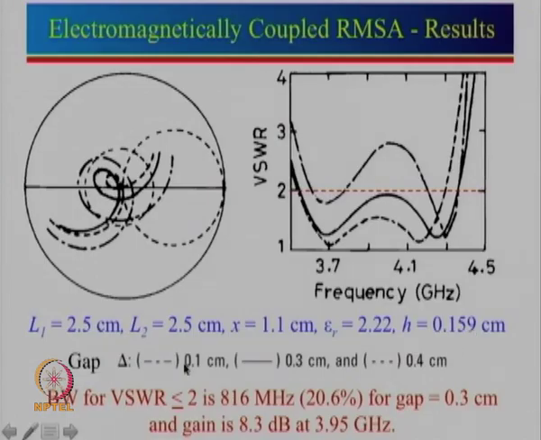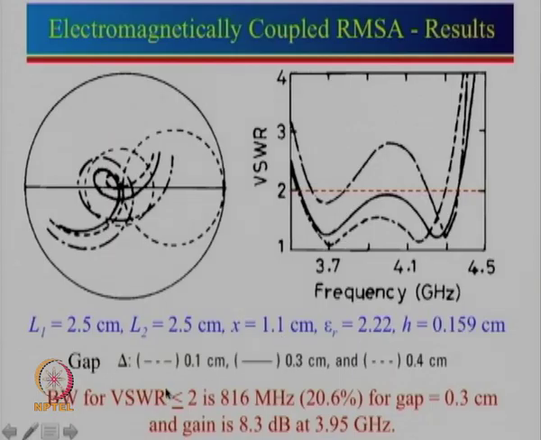Now for the air gap, tan delta is equal to 0, and here we have taken L1 equal to 2.5, L2 is also 2.5. Now x is very close to the edge, you can see that 2.5 is the length, so half of that will be 1.25 centimeters. So one can see that 1.1 is very close to the edge.